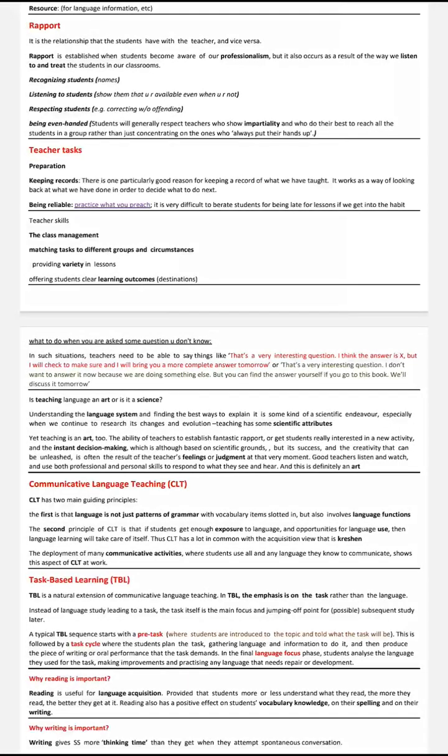Teacher tasks. Preparation. Keeping records: there is one particularly good reason for keeping a record of what we have taught. It works as a way of looking back at what we have done in order to decide what to do next.